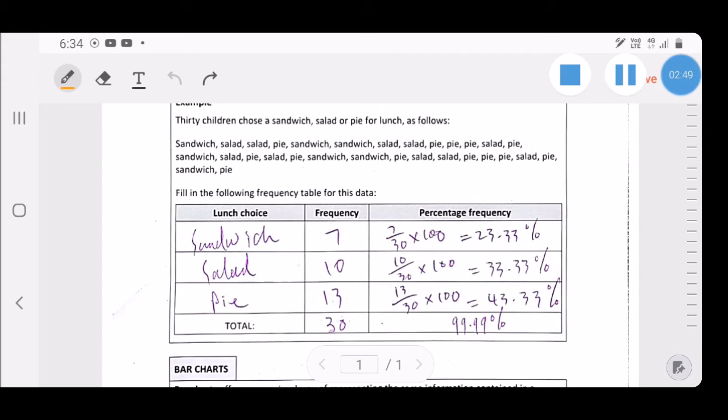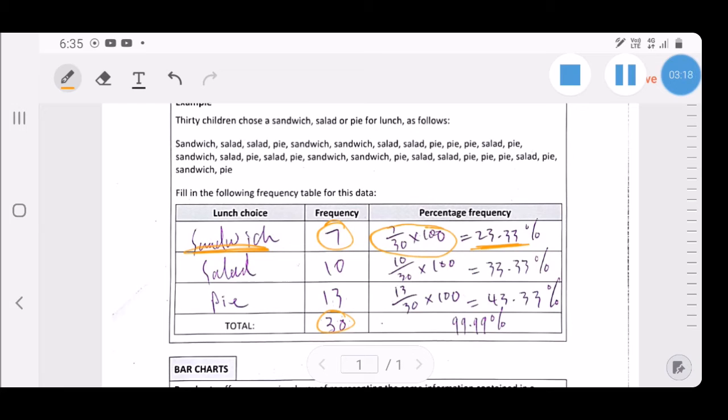All right, so that will be the frequency as a percentage of the total number of choices that were made. So, for example, in the case of sandwich, okay, we want to know what 7 is as a percentage of 30 people, because it was 7 out of 30 people that went for sandwich. So you do 7 divided by 30, multiplied by 100, and you get the percent.